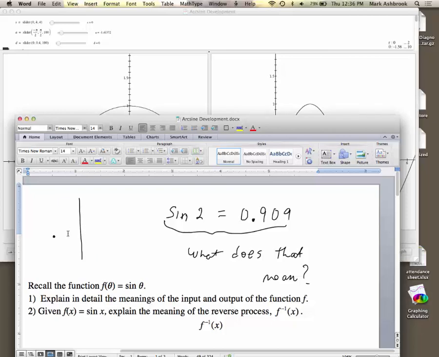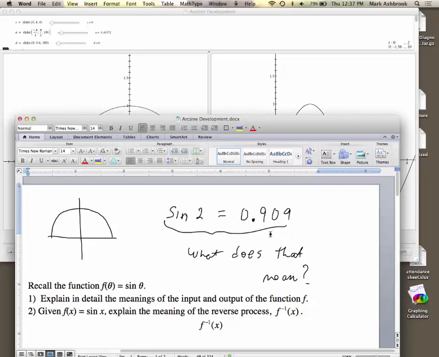Marlene is dying to jump in. Yeah, please. What I got from it is that the 0.909 is the vertical distance above the diameter, and then the 2, the input of the sine, would be the radians. So the input into sine 2 is radians, and this is the vertical distance above the horizontal diameter.